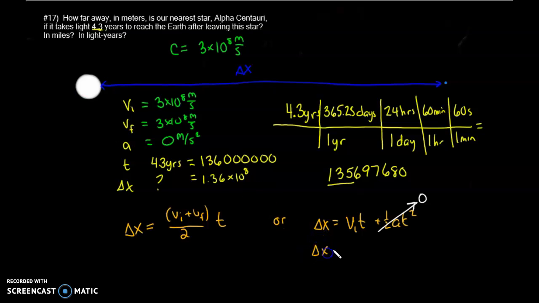So delta x is going to equal velocity, 3 times 10 to the 8th meters per second, times the time, 1.36 times 10 to the 8th seconds.